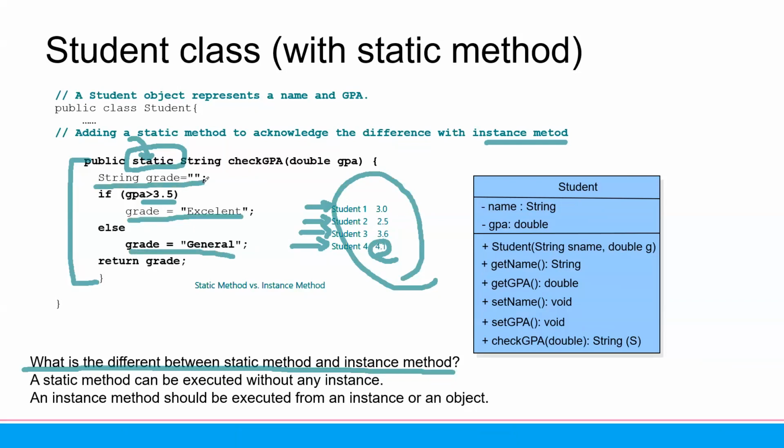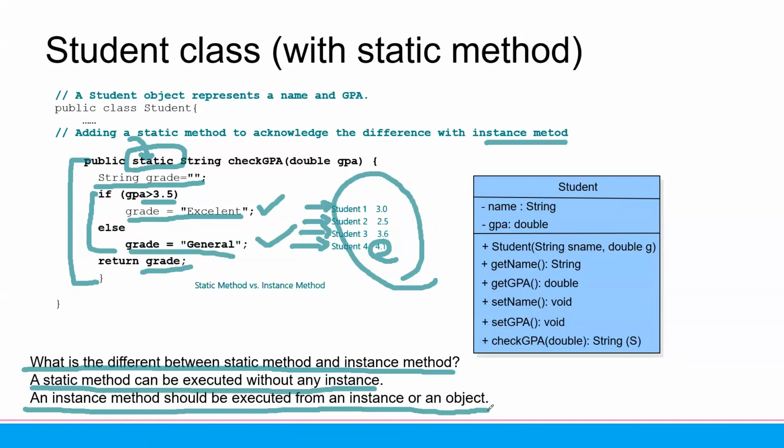There will be no values, and we will have the condition. If the GPA is greater than 3.5, we will have this statement if true, and this statement if false. And we will return grade. So a static method can be executed without any instance, and an instance method should be executed from an instance or an object. That's the difference.